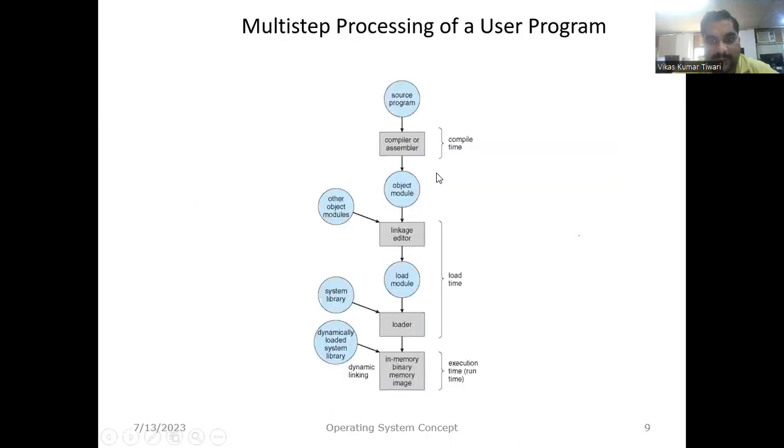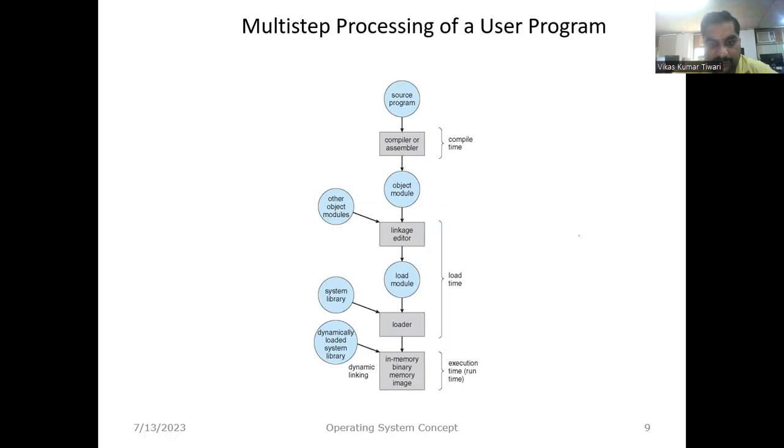We can explain this process like this. We have a source program, then we have a compiler or assembler. When we are processing that program in the compiler or assembler, that particular time is compile time. After compilation, an object code will be generated. In the object module, we have a number of predefined or user defined classes. We have to link those classes.